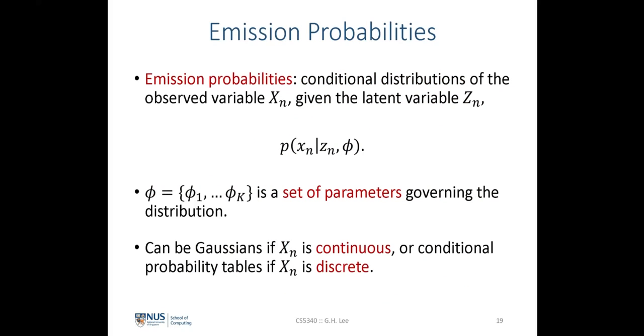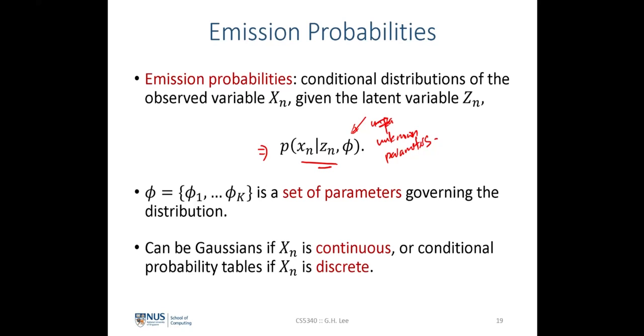The next probability value that we are going to look at in our joint probability distribution would be the emission probability denoted by this conditional probability distribution over here, where xn is our observed random variable conditioned upon the latent random variable, and phi over here, which is all our unknown parameters that describe this particular emission probability or the likelihood function over here.